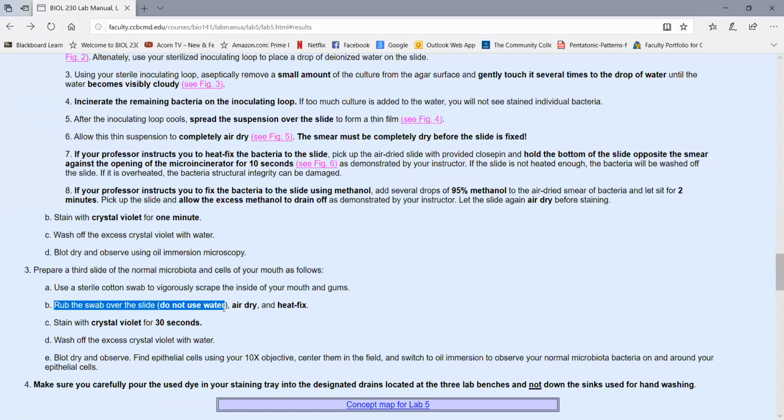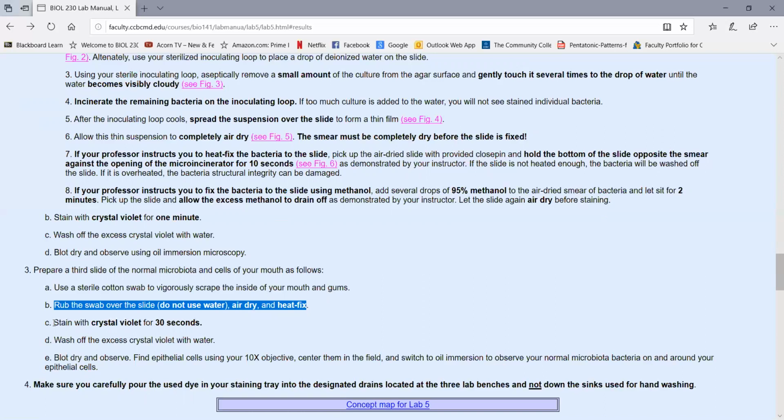So just spread the swab over the surface of the slide, then let it completely air dry. Once it's air dried, heat fix for 10 minutes. Remember, the swabs are going to go in the designated container that says swabs and pipettes only. Don't throw them in the trash.